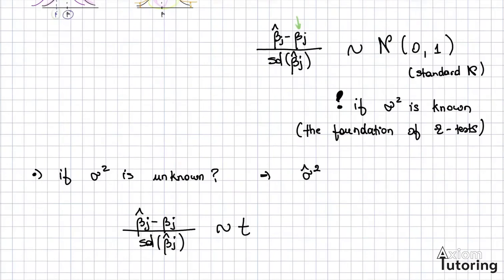That is because we have to add degrees of freedom that are lost because of this unknown information. So you will see a t-distribution with degrees of freedom n minus k minus 1, where n is the sample size, k is the number of variables in your regression, and minus 1 for the intercept.